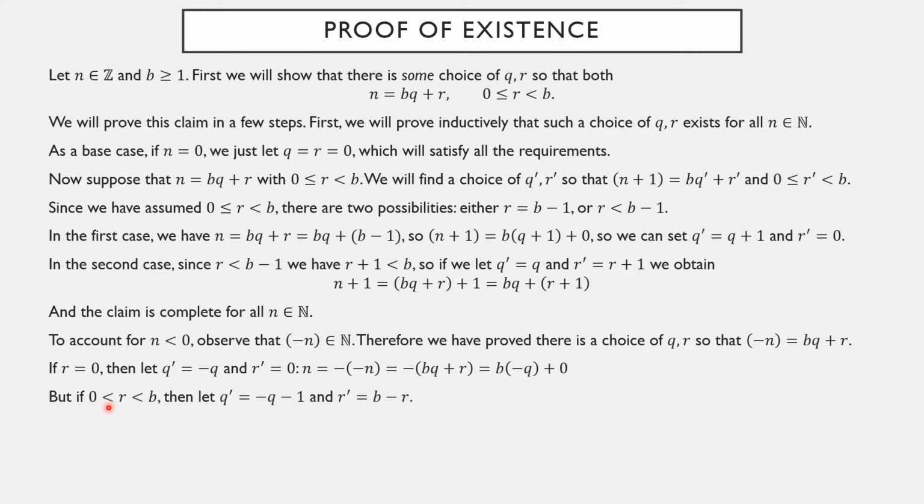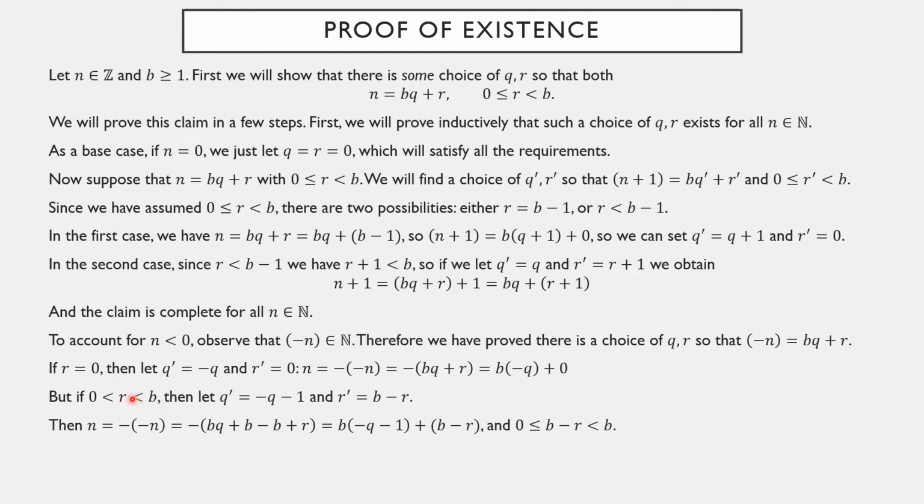But what if the remainder wasn't 0? Okay, then I'm just going to pick this as q prime and this as r prime. Well, n is negative negative n. Negative n was bq plus r. Okay, bq plus r, but now I'm going to do a plus b minus b, which should cancel each other out. Okay, distribute this minus sign and do some factoring, and we get b times this plus that. So I have b times an integer plus a remainder.